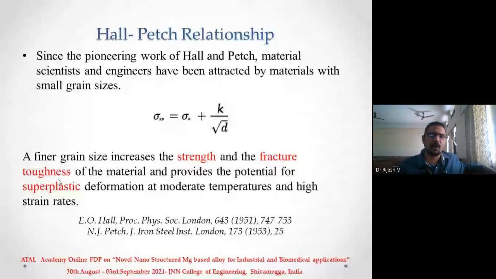That means as you make your grains finer and finer, you are getting a combination of both strength and ductility. This was phenomenal, and people have started working on reducing the grain size to a larger extent if you want better mechanical properties.